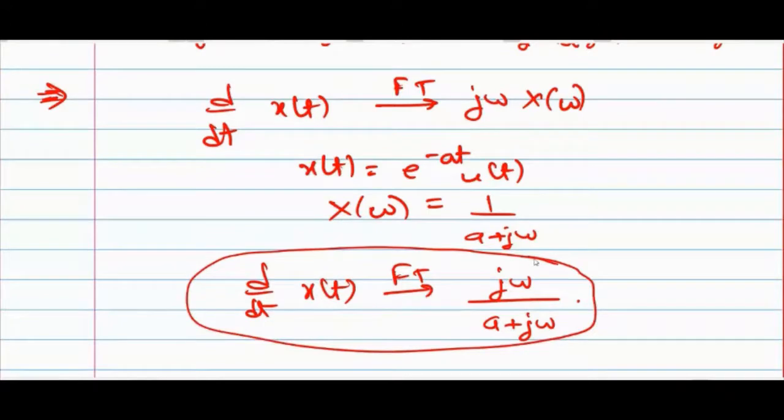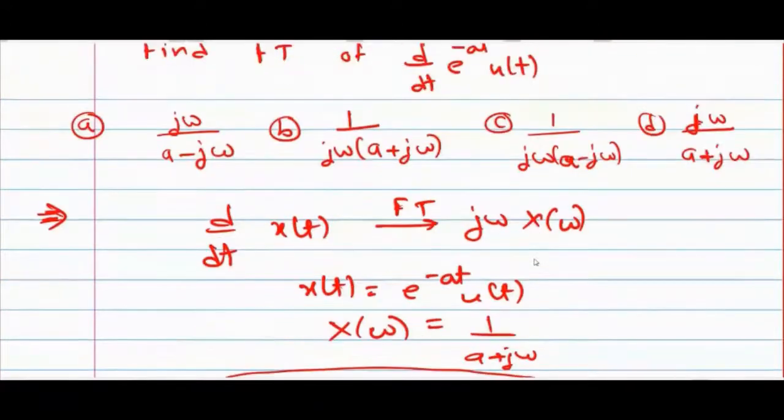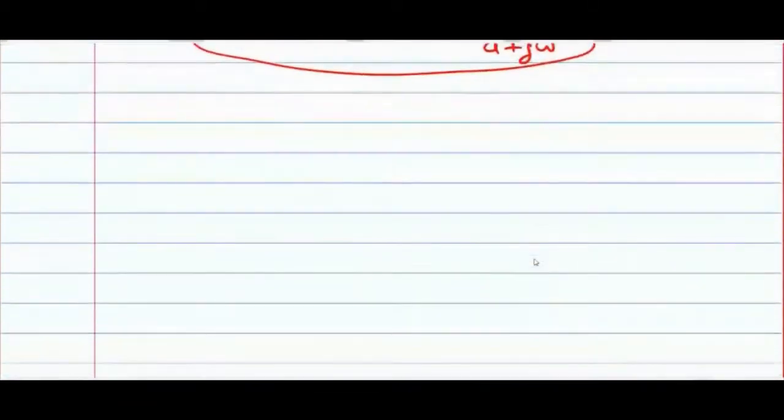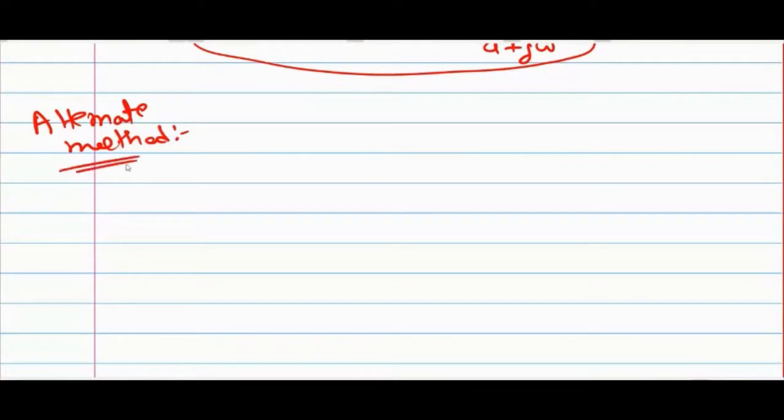Okay. Now my important point is that I should solve it by another method also. So, alternate method: d by dt of e raised to minus at u of t.